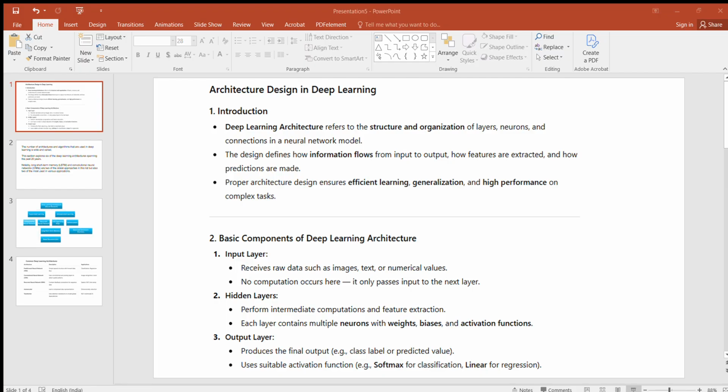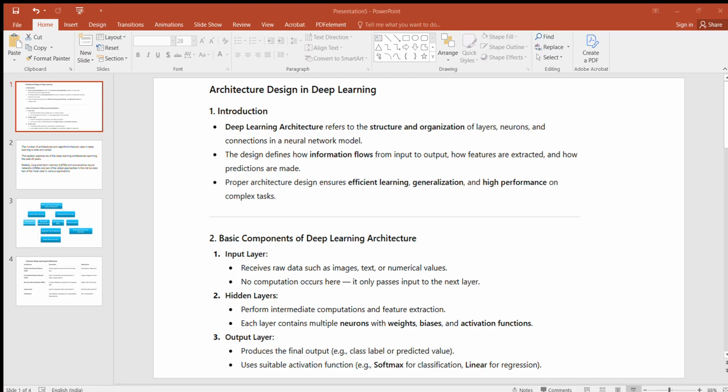You can see the deep learning architecture we have already discussed. Now the common deep learning architectures. In your syllabus there are only three: the feed forward neural network, convolutional neural network and recurrent neural network, that is FNN, CNN, RNN. What is the description of FNN? A simple layered structure with forward data flow; the data flows in one direction only.